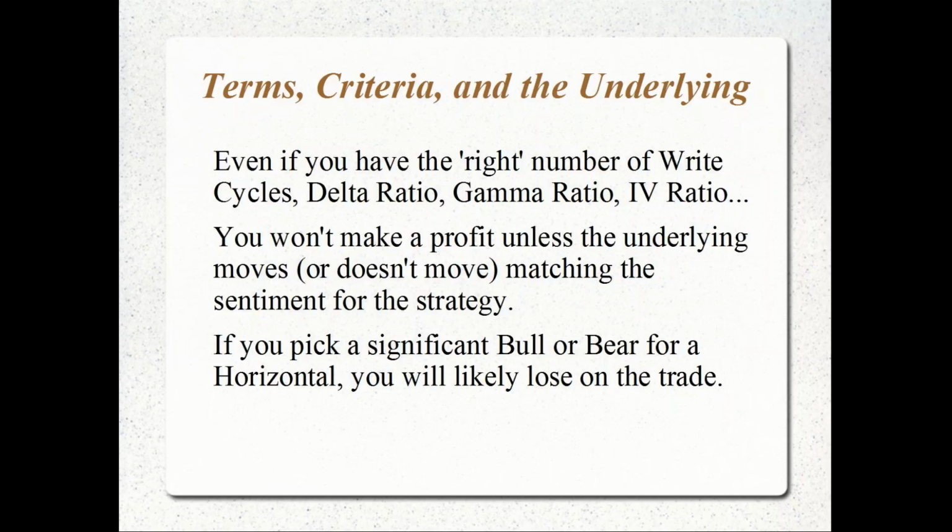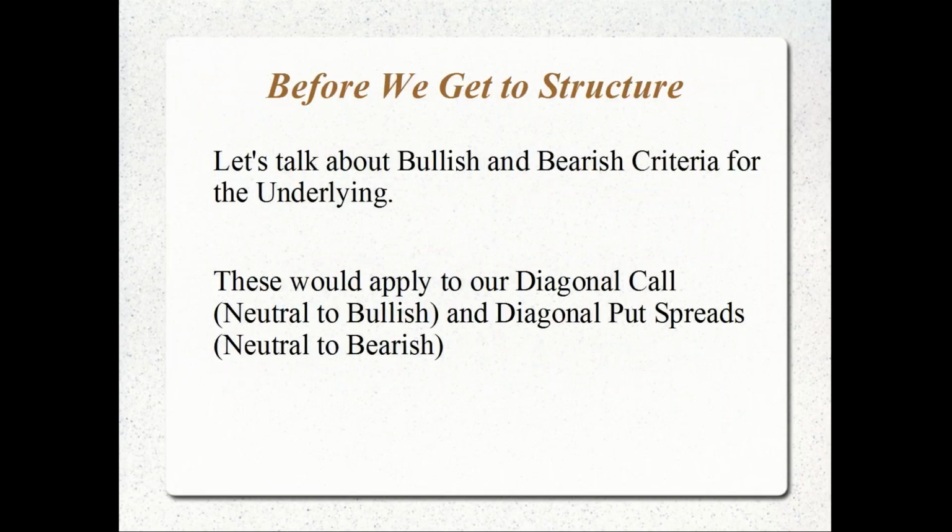If you pick a significant bull or bear for a horizontal, the same strike spread, you go deeper in the money or deeper out of the money, you go to sentiment, you could typically lose on the trade if there's no significant movement on the position, regardless of the return that's listed.